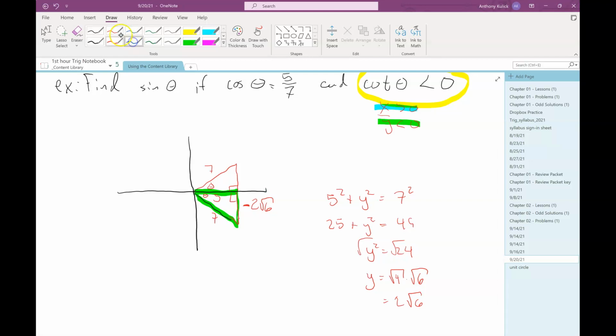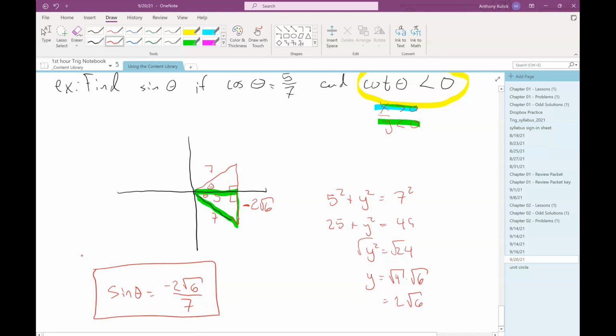And now that I have my other side, I can write sine theta is opposite over hypotenuse. Cool with that?